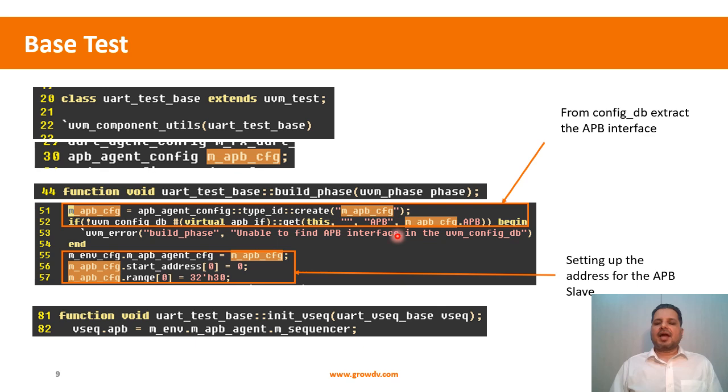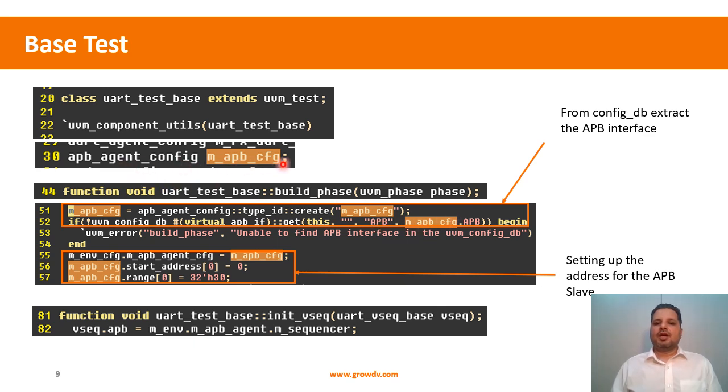In that particular APB config, it's trying to extract the virtual APB interface. If you remember, at the test bench top we had set this into the config database for the UVM test top, and whatever test is running will be the UVM test top, and now this particular test is extracting the APB interface into this APB agent config.